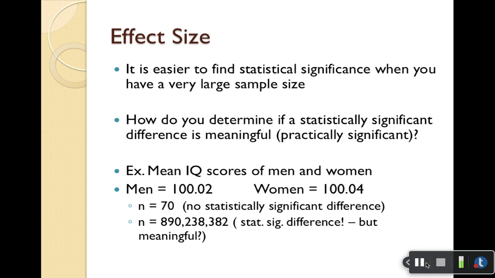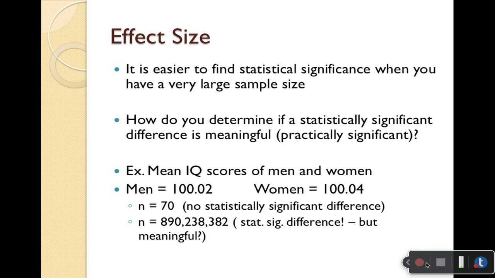So for example, if we're looking at average IQ scores of men and women, here we have an average score for men of 100.02, an average score for women of 100.04. If you have only 70 people in your sample, odds are that's not going to be a statistically significant difference. We're looking at 0.02 points between the two, not really statistically significant.